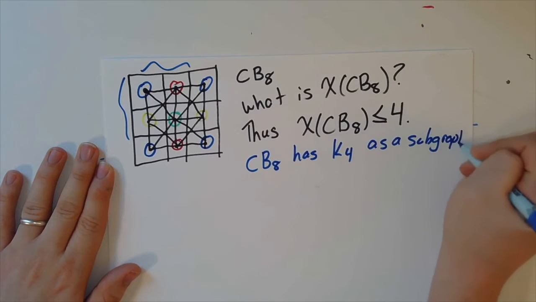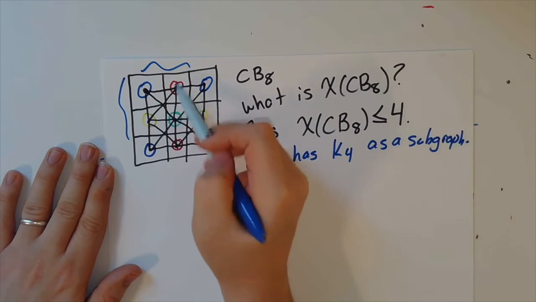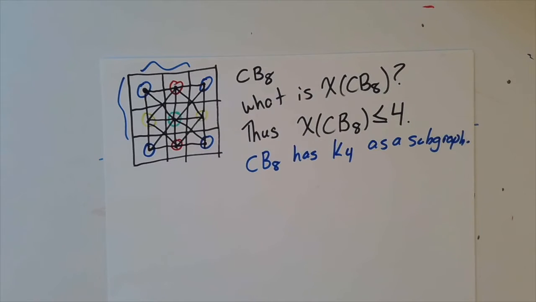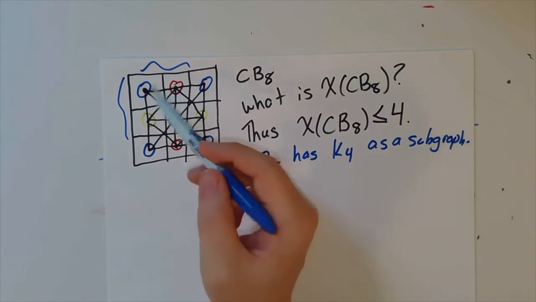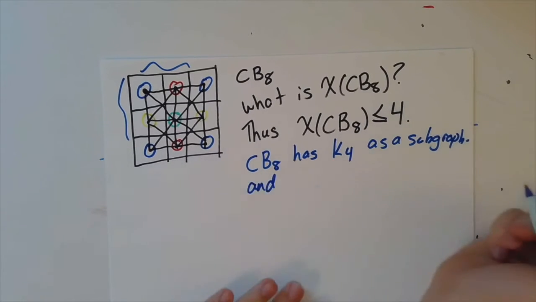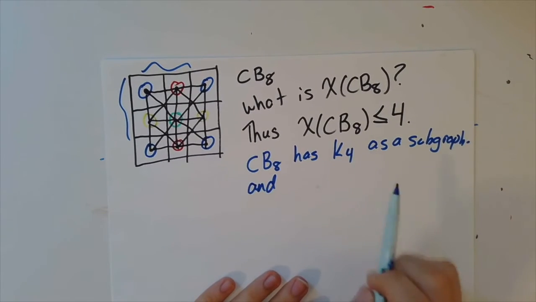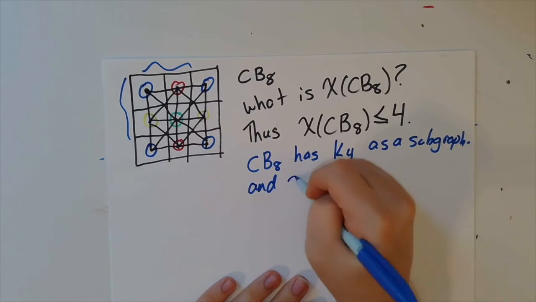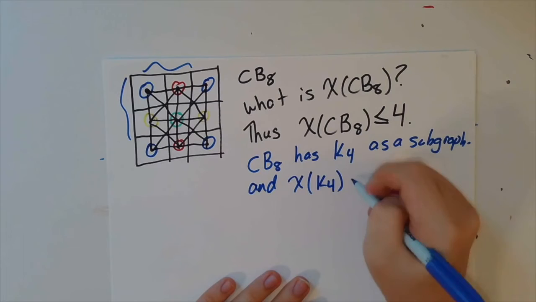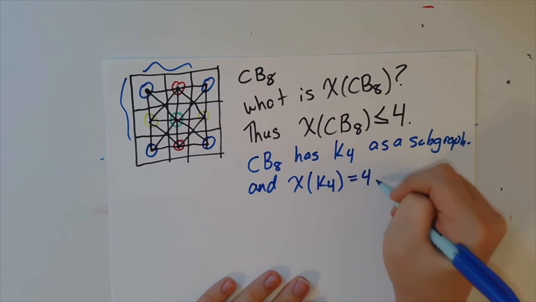And all that really means is these 4 vertices, the upper left 4, those are connected in all possible ways. And thus, this is a complete graph on 4 vertices. And we've already observed that the chromatic number of the complete graph on n vertices is definitely n. 4 is exactly 4.